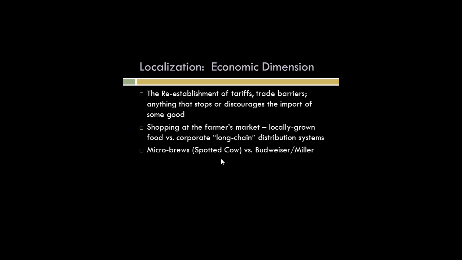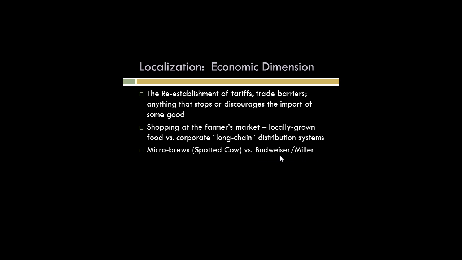Now, there's a lot of differences between microbrews and macro brews. One of them is the scale of production. Budweiser and Miller, they both have really large factories that produce a huge amount of beer on a daily basis, probably in distant cities. So in the case of Miller, it's actually not that far, it's just Milwaukee. But with respect to Budweiser, it's St. Louis.